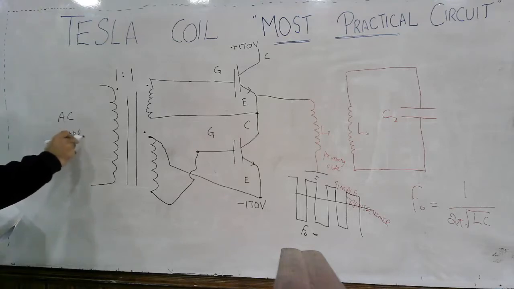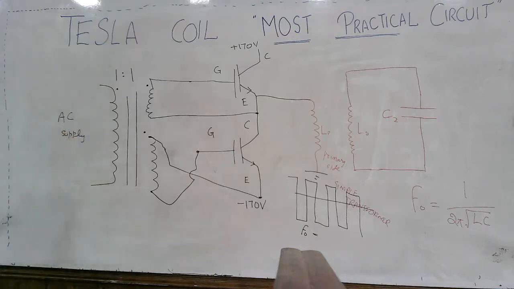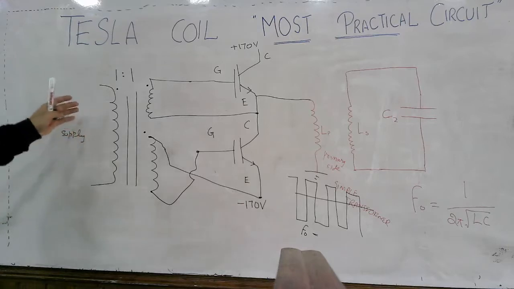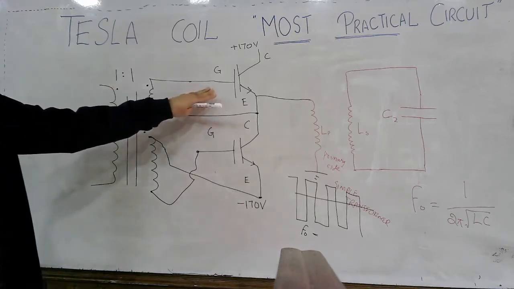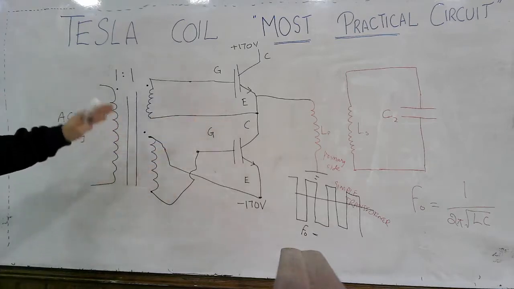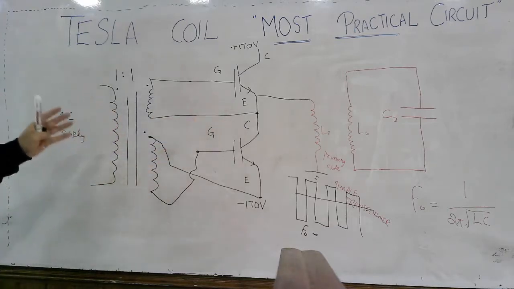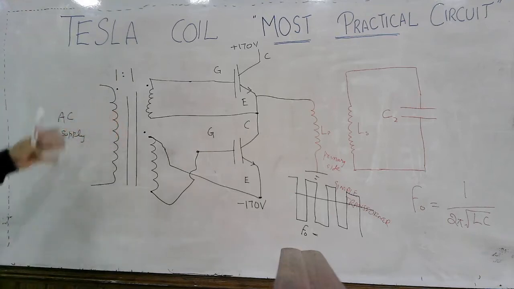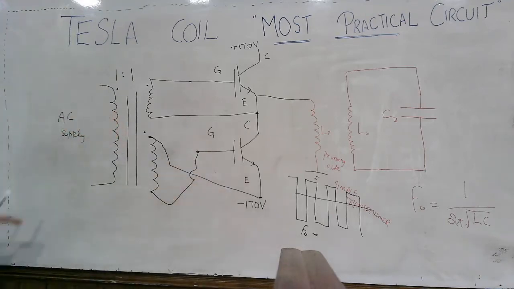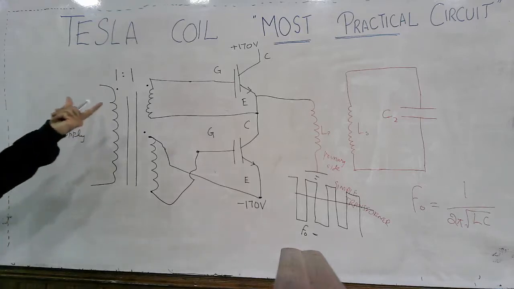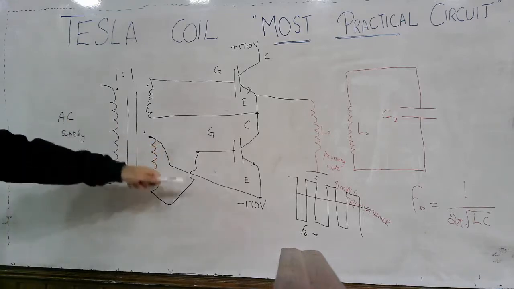Now what's happening is, first this gate will turn on, and in the second half, this transistor will turn on. So this is the basics of the proper gate driving circuit. Why are these connections inverted?